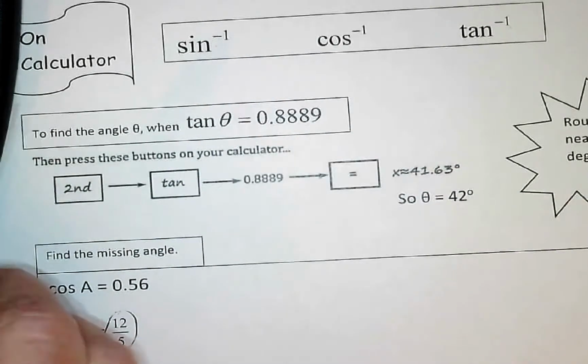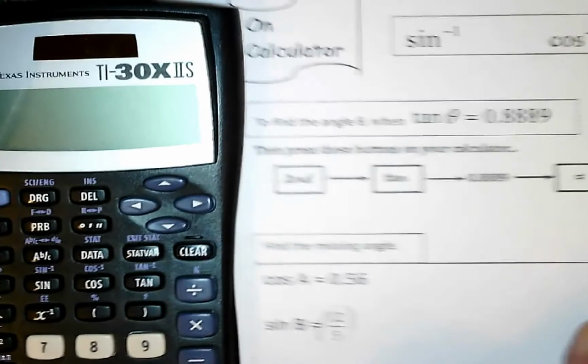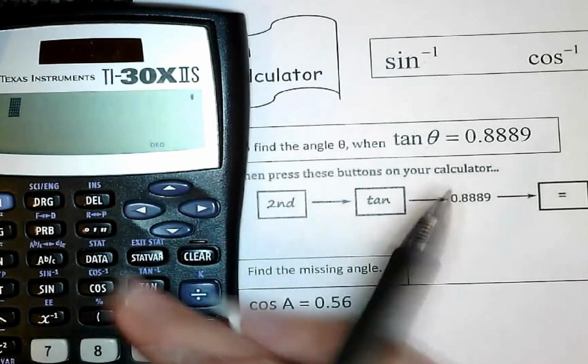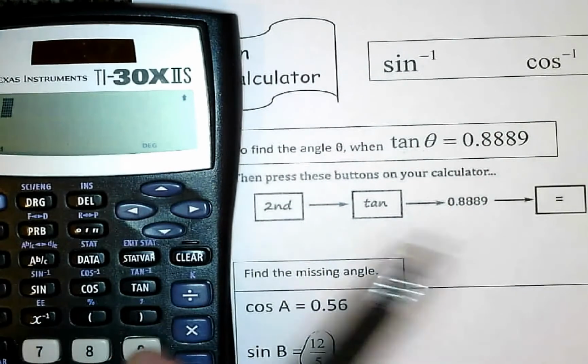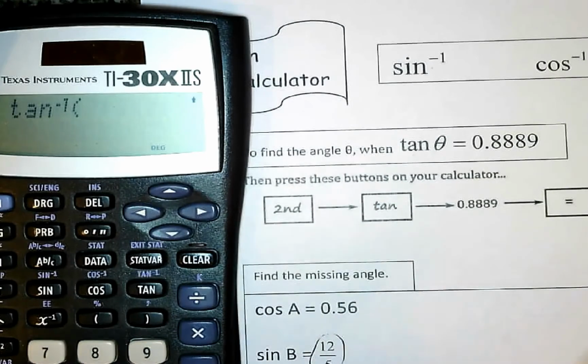So on the calculator, I need the second button, because I'm going to need inverse tan. So it's second tan. See how that comes out with a -1 up there? And then I'm going to put in my decimal, 0.8889, and then I push equals.